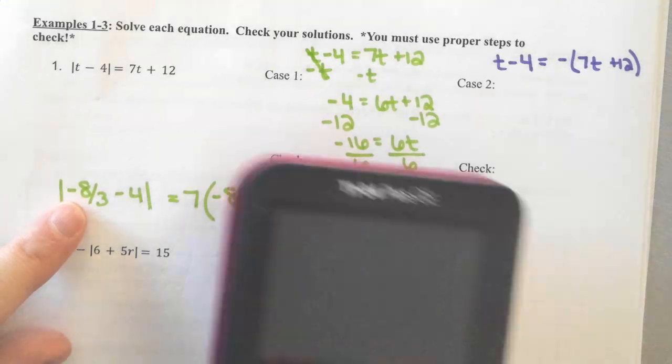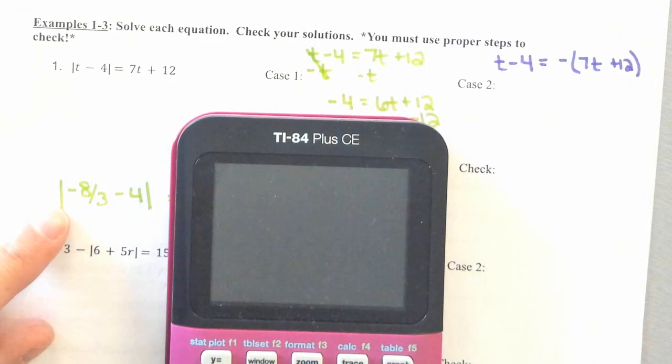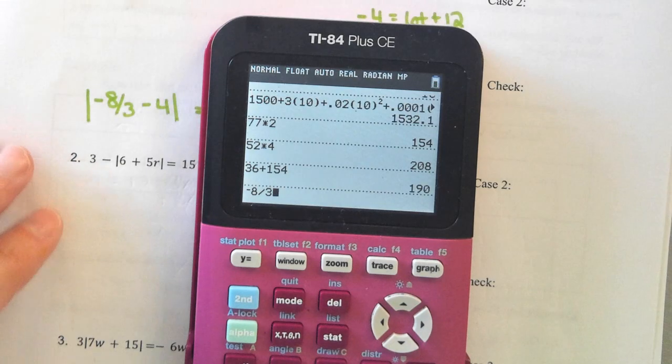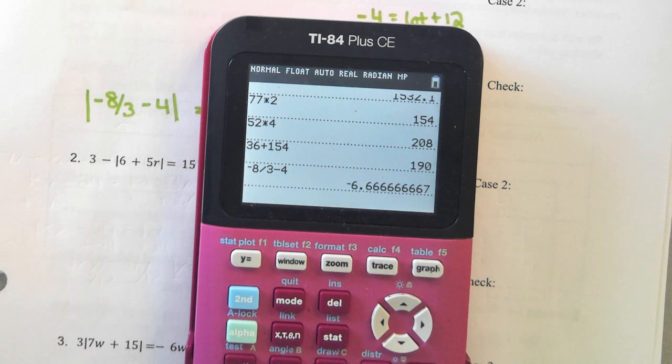Let's start with just the left side, one piece at a time. Negative 8 thirds. And by the way, I get a lot of questions about how to type a fraction. I just did negative 8 divided by 3. Remember division, fraction bars, same thing.